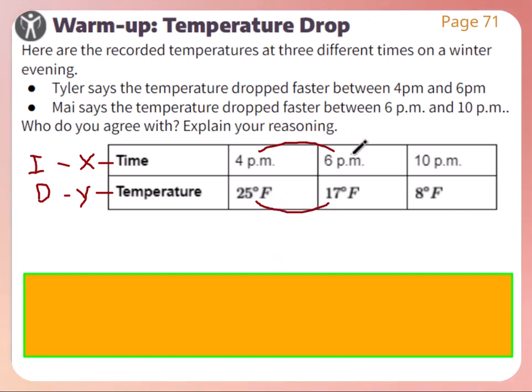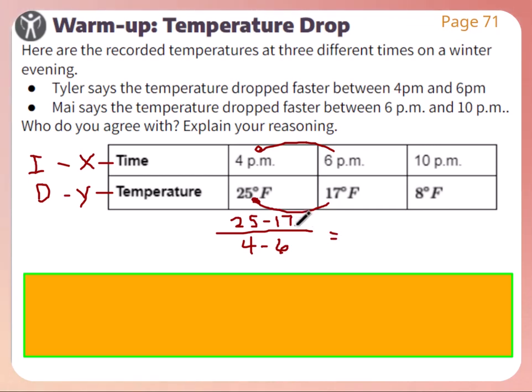All right, so let's start with our Y's. I'm going to start with 25, and I'm going to subtract 17. And I'm going to put that over the difference in my X's, but make sure you go back to the same point each time. So I'm starting here at 25. I'm going to start here at 4. 4 minus 6 equals.